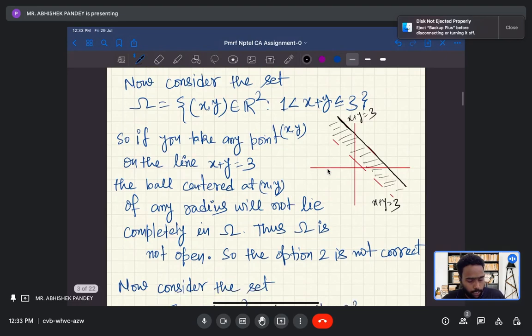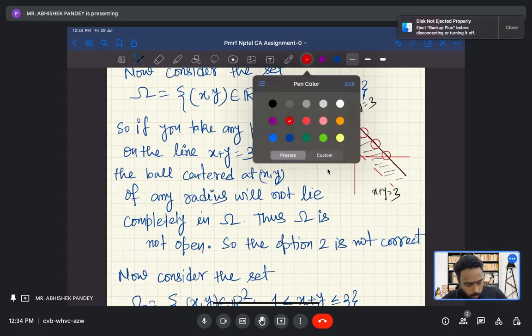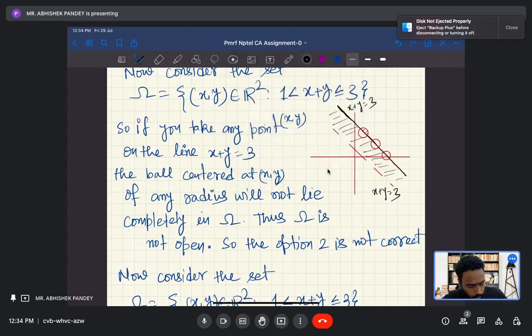If you take any point on the line x plus y equals 3, and you want to make a neighborhood, any small neighborhood, every small neighborhood will have some part outside this set. So any neighborhood will not be completely contained in this set. So this set is not open.